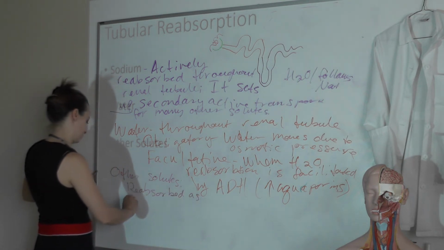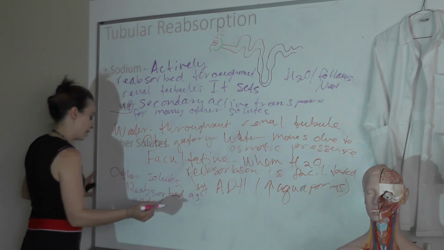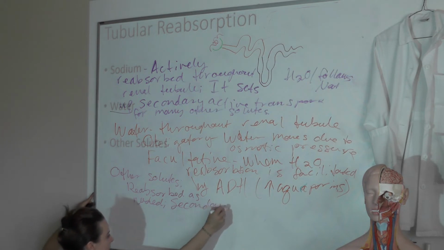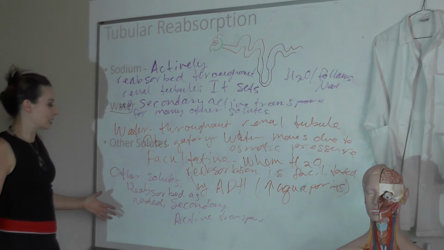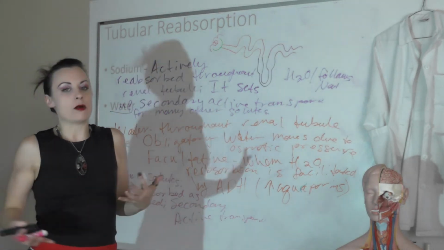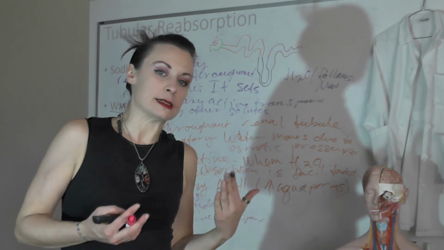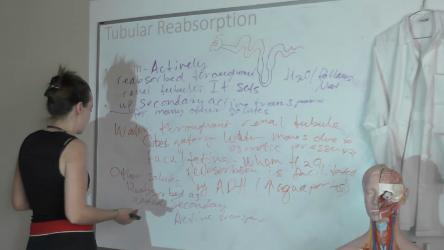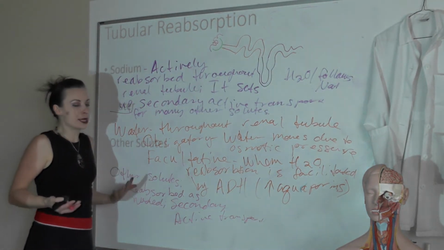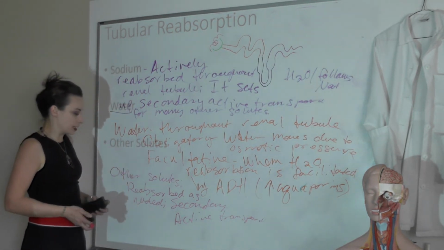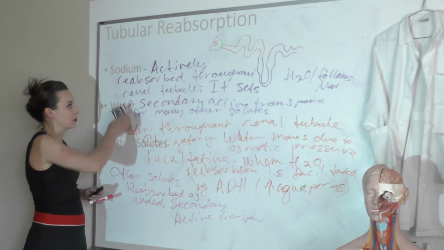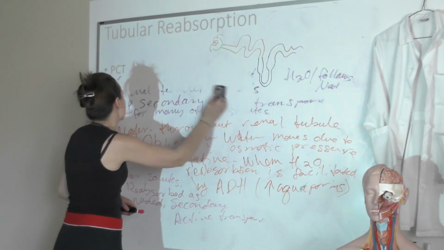And most often, secondary active transport is used. What are other things that we're going to reabsorb? Glucose, amino acids, vitamins, minerals, all of those things that are nutrients. Those are going to be things that we're going to want to bring back into the body. And so those will be brought back in, again, according to need. So let's talk in greater detail about where each of these things is occurring and what we're reabsorbing where. And then we'll talk about secretion next.